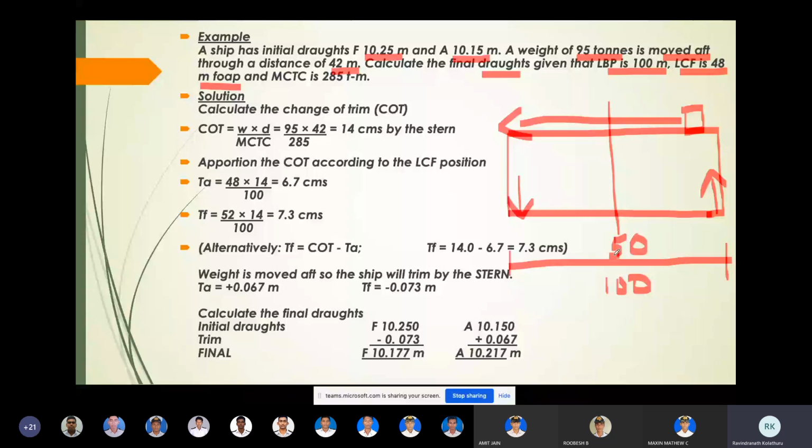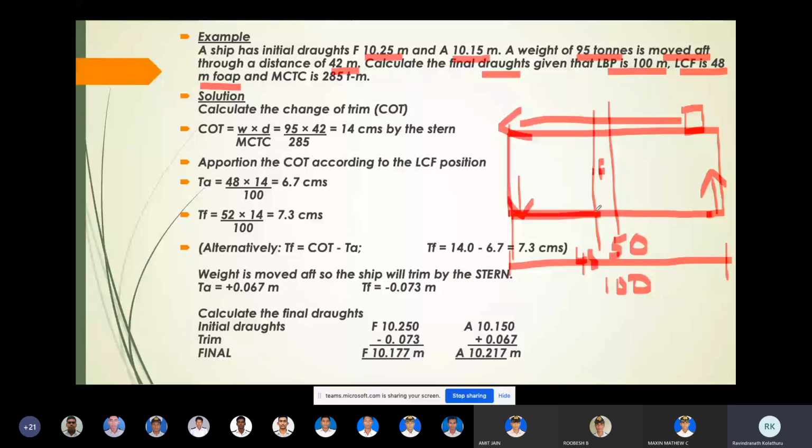When LCF is at 48, obviously it is from aft perpendicular till here, might be somewhere close to here. So my F is somewhere here. This distance from aft perpendicular to F is 48.